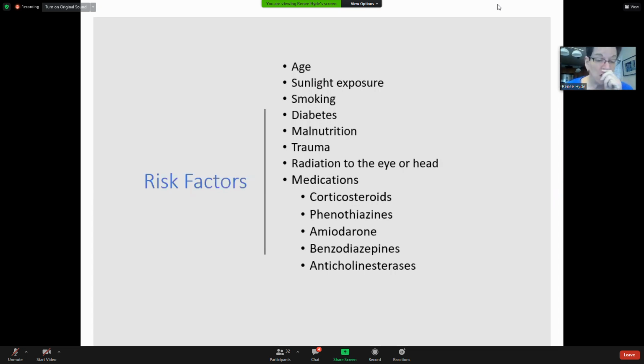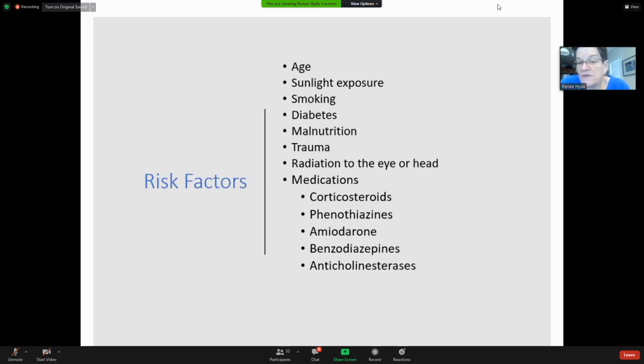Okay? So anybody that's on a corticosteroid, think about all your patients that have COPD. The majority of them take prednisone, either 5 or 10 a day, to decrease the inflammation of their airways.